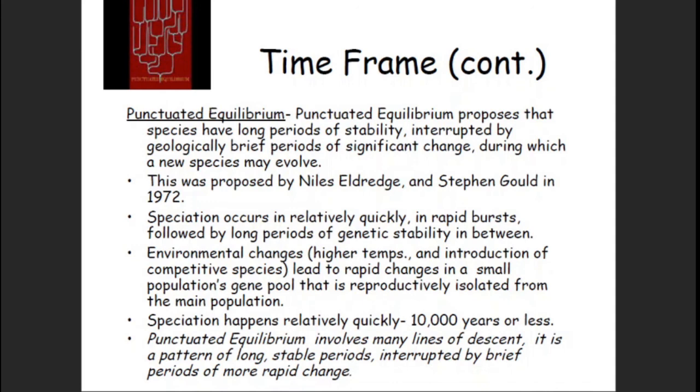Speciation happens relatively quickly, in around 10,000 years or less. Punctuated equilibrium involves many lines of descent. It is a pattern of long, stable periods interrupted by brief periods of more rapid change.